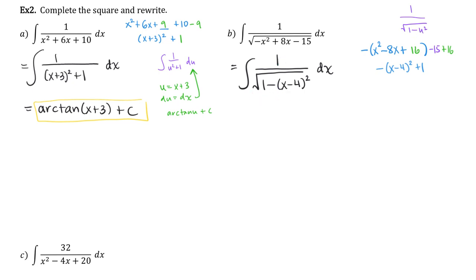If I did u substitution, u would be x minus 4, du would be dx. So the u substitution isn't going to mess it up by a factor. So if you're comfortable, you can skip straight to the answer, which is going to be arcsine of u, but u is going to be x minus 4, and then I'm going to add a constant.